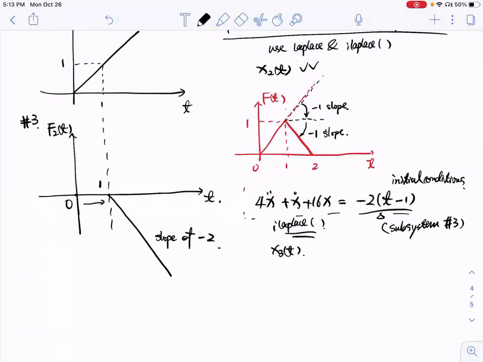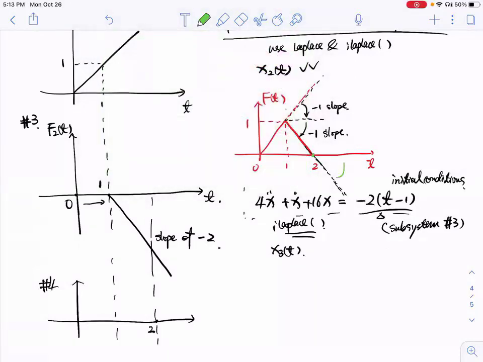And then remember, we need another subsystem. This subsystem should start at time equal to 2. Without any further subsystem, that system is going to keep going forever, right? But then we need to bring it flat again.